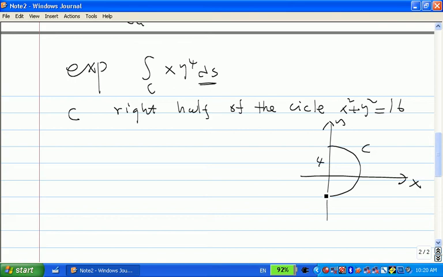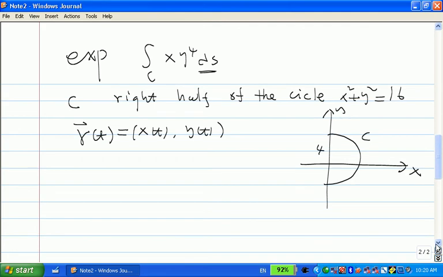Now, to integrate this one, as we said, we need to find the equation for the curve, which means x(t), y(t). How do we describe this curve? Basically, for your homework problems, the curves are either circles or lines.